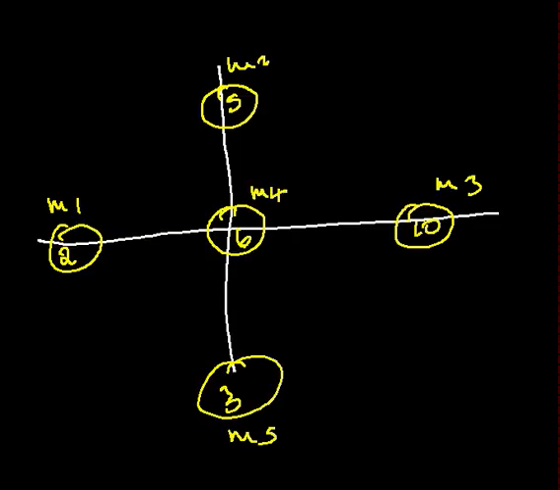Now let's say this is the system. This is mass 1, mass 2, mass 3, mass 4, and mass 5, and all the masses are in kilograms. So what is F2 net of the system? By the way, this should be a 2-dimensional system.